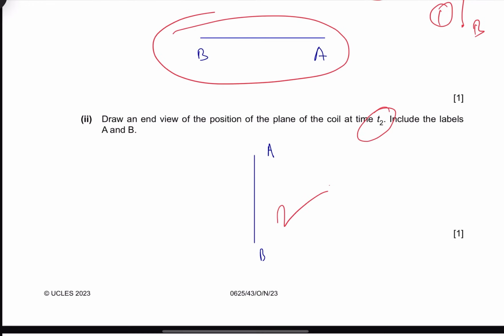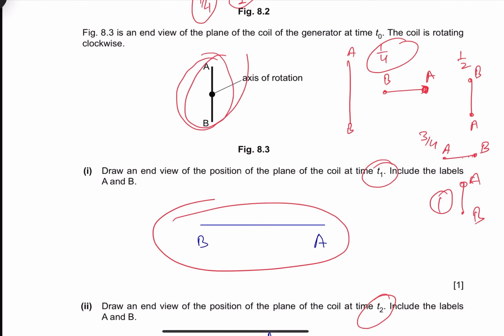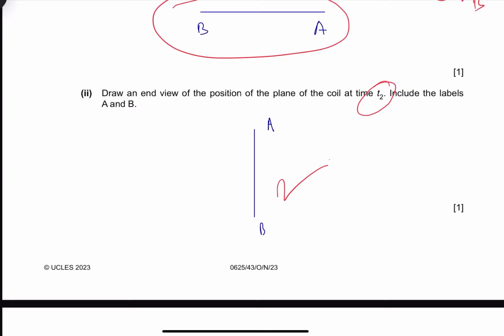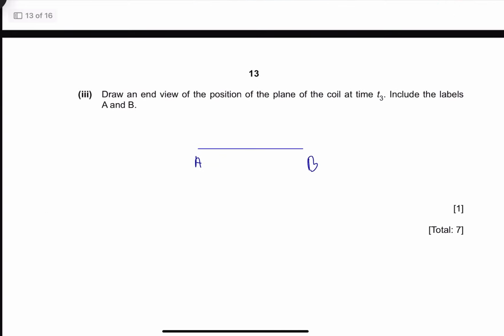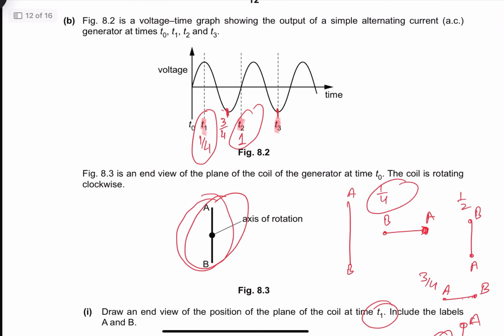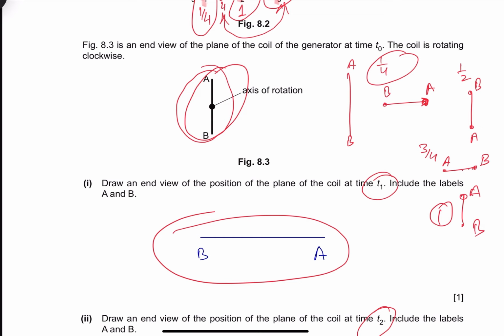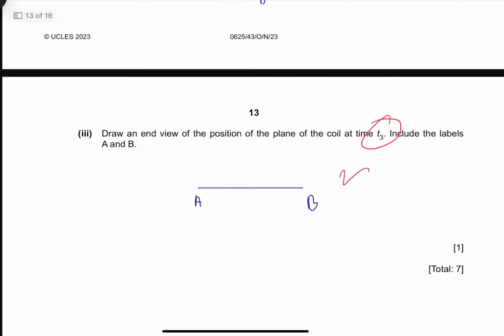From where it started, it will end at this point. It's a complete cycle. And this is T3. T3 was 3/4. If you compare, both are the same. So 3/4 is this thing: A on the left side and B on the right side.